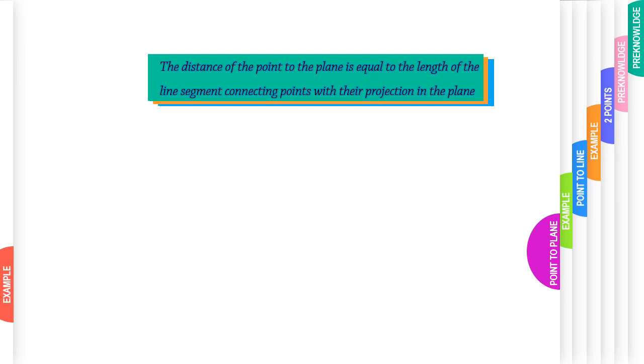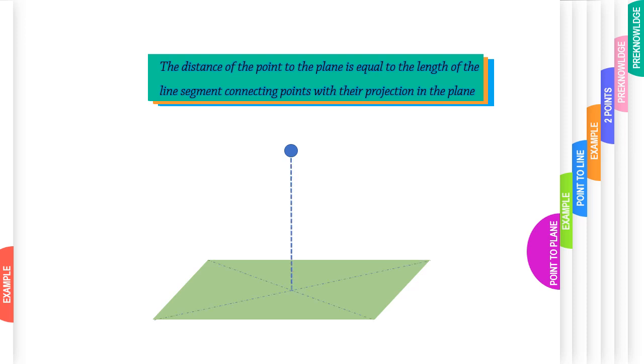Pay attention to the following illustration. We have a point and a plane there. To know the distance between the point and the plane, we have to connect the point with a straight line to the projected point on the plane. Don't forget, the line must be perpendicular to the plane.